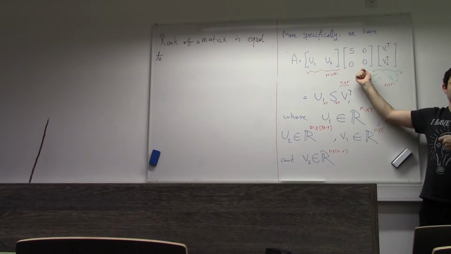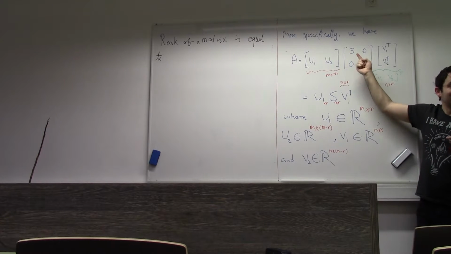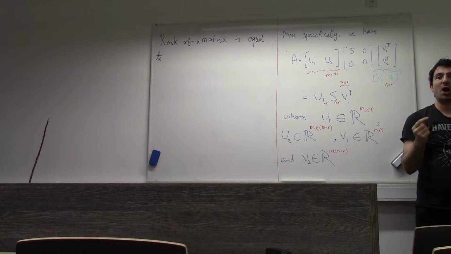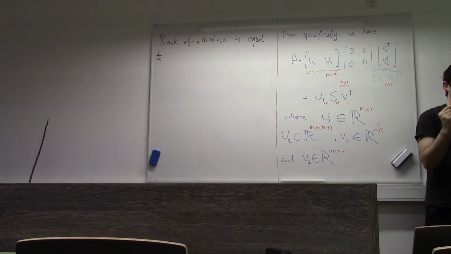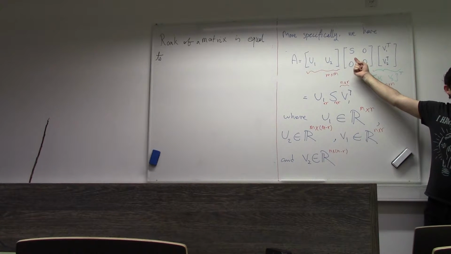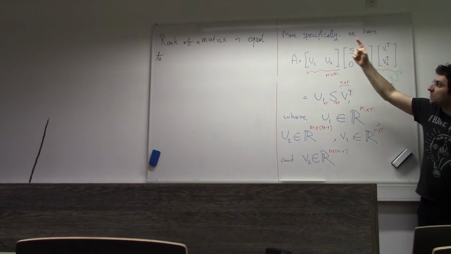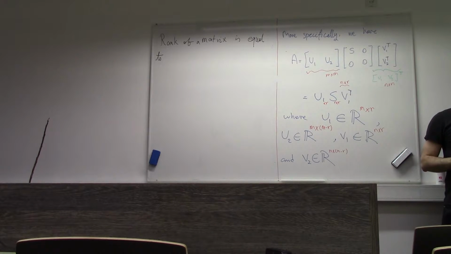Otherwise I cannot put them there. In other words, S is a diagonal matrix whose elements are non-zero singular values. What is the size of S? R by R. And S has non-zero singular values. So can you tell me what the rank of a matrix is?